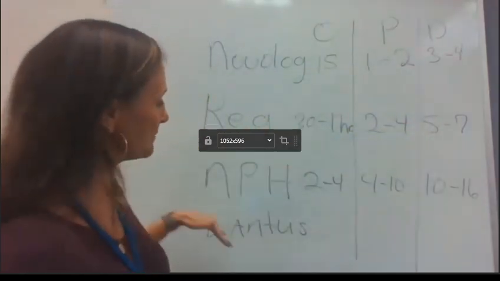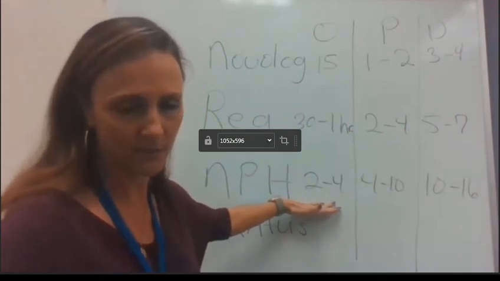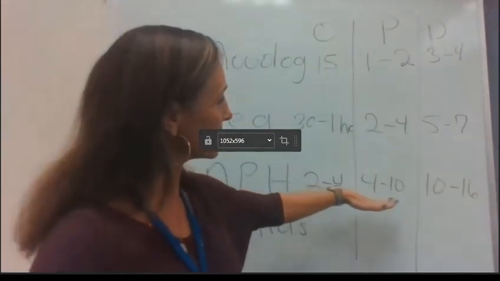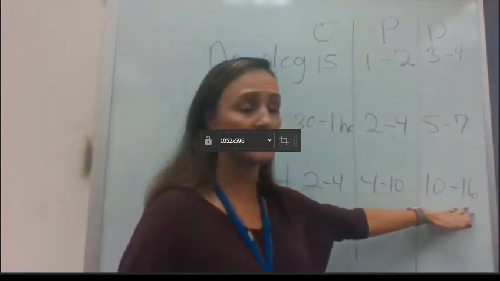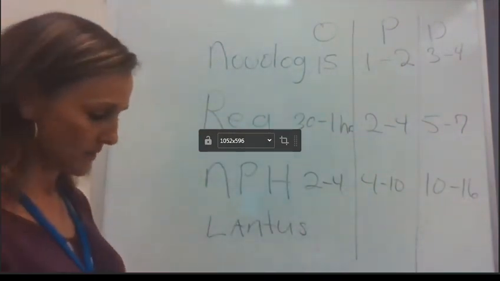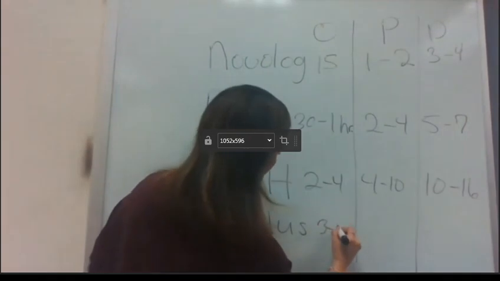Yolanda comes right behind me. Brian likes to make his little entrance. He thinks it's grand, but it's not that grand. He comes in about 2 to 4 hours, peaks at 4 to 10, and stays at the party anywhere from 10 to 16 hours. Now we're going to talk about Lantus. Lantus onset is going to be 3 to 4 hours.